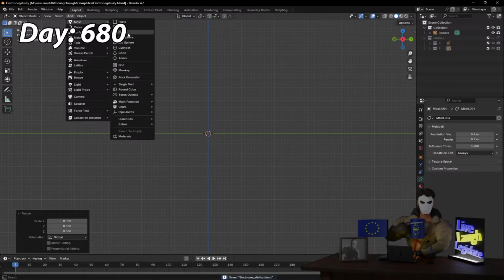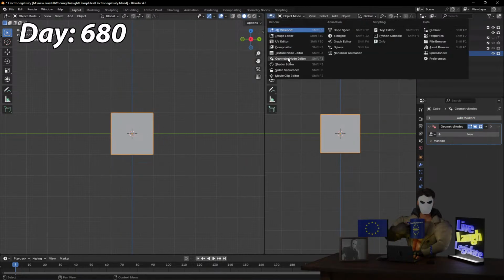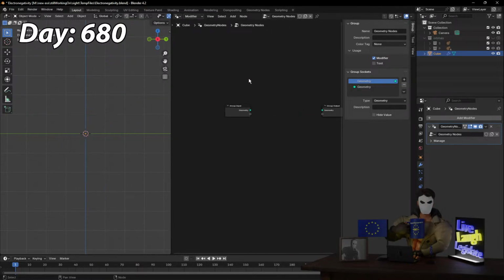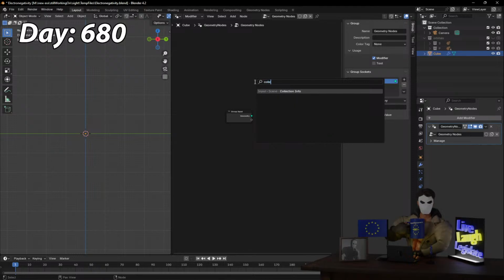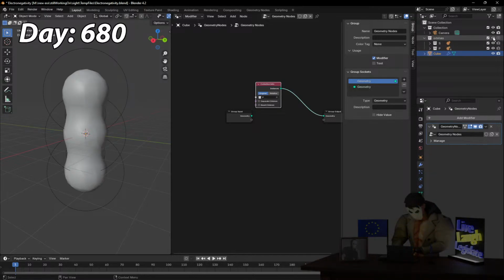And then if we add a default cube, if we add geometry nodes, if we go into the geometry node editor, if we add a new one, if we do the collection info, and if we pick the collection to be P orbital geometry, then... Haha!